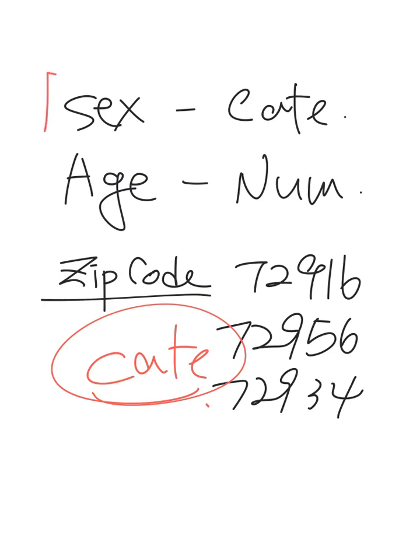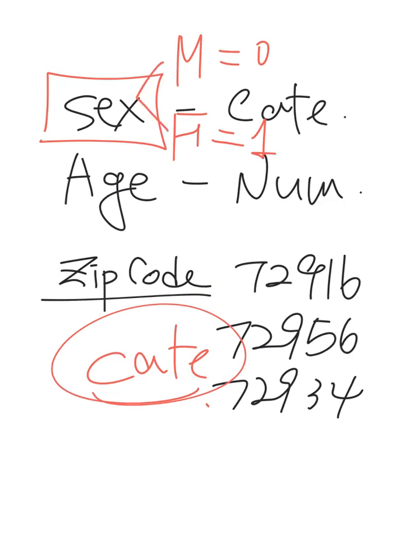You said sex was categorical. But how about this one? Male equals 0, female equals 1. I assign the numbers. Male equals 0. What does that mean? Male is nothing? No, it is not nothing.